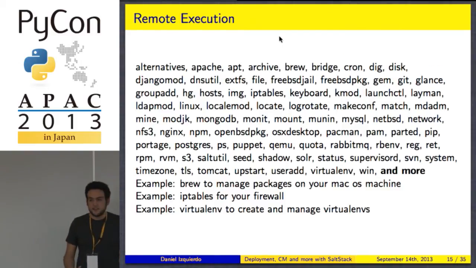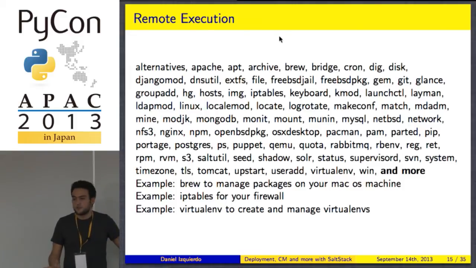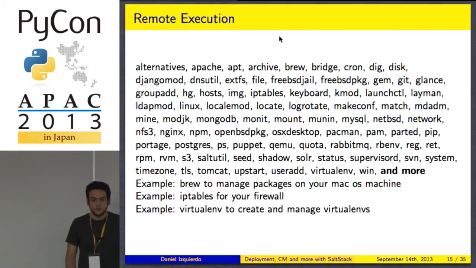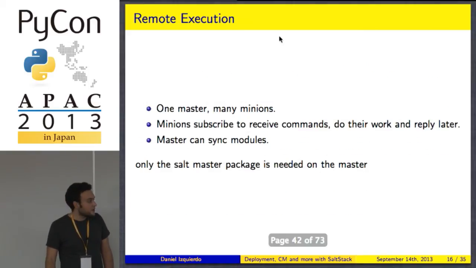And the nice thing is you can also add your own, right? So basically, just by writing a function that returns everything in the format that Salt expects and integrates with Salt, you could write your own functionality you need to be doing actions on your infrastructure.